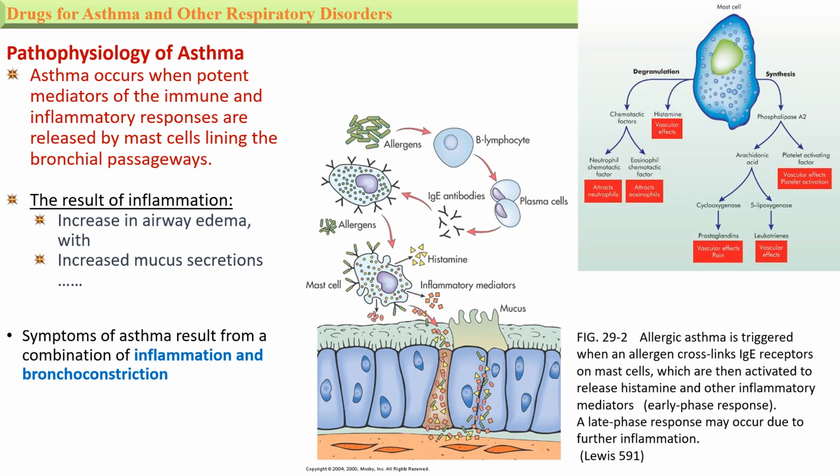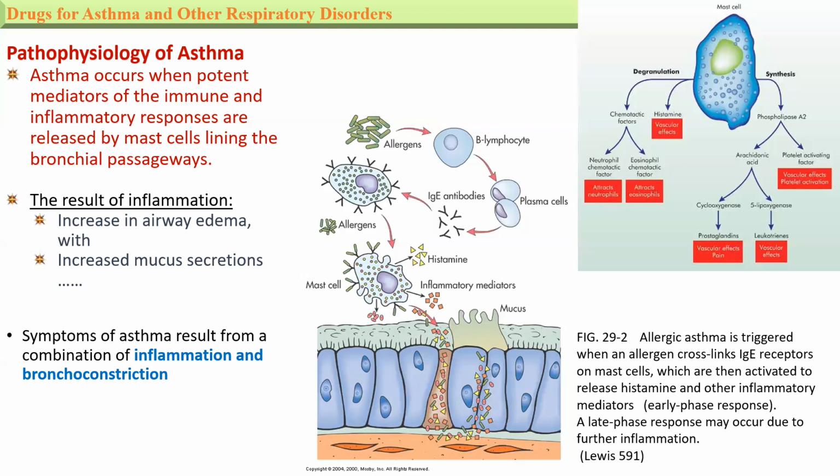The resultant inflammation increases airway edema with increased mucus secretions. The edema and the secretions make the airways very narrow, compromise the process of respiration, make it very difficult, and contribute to the airway obstruction.